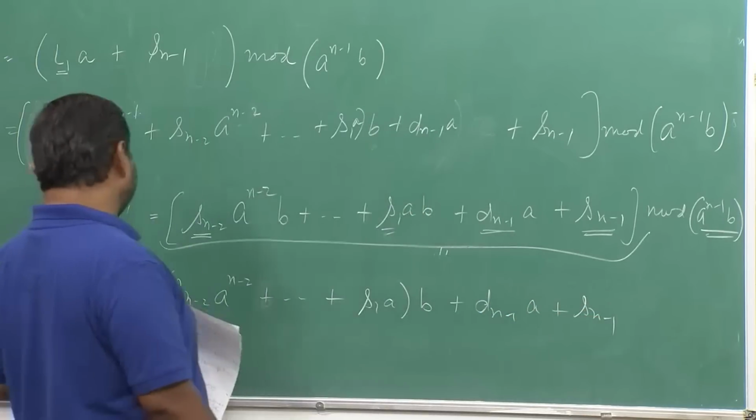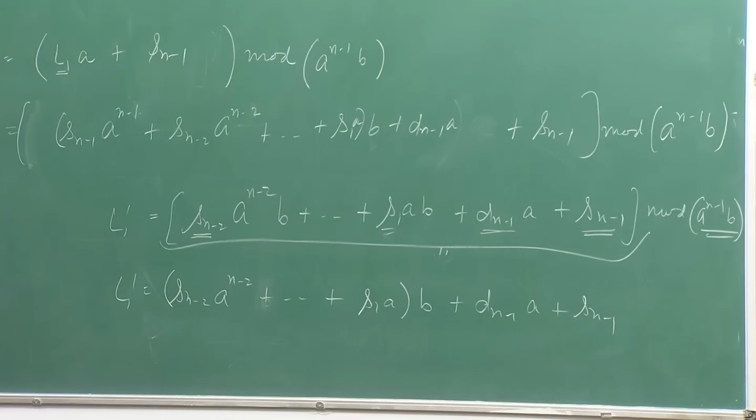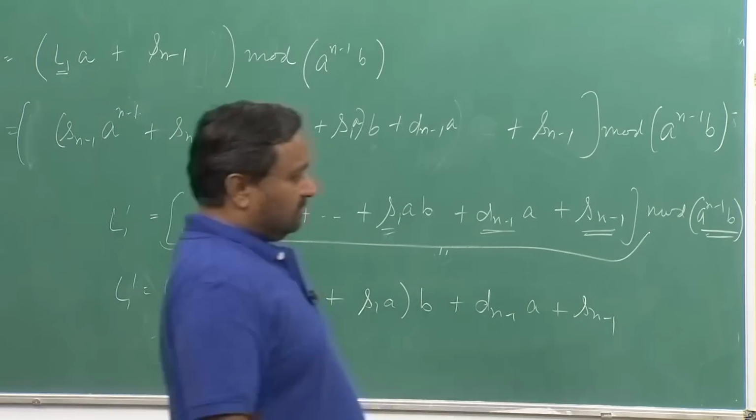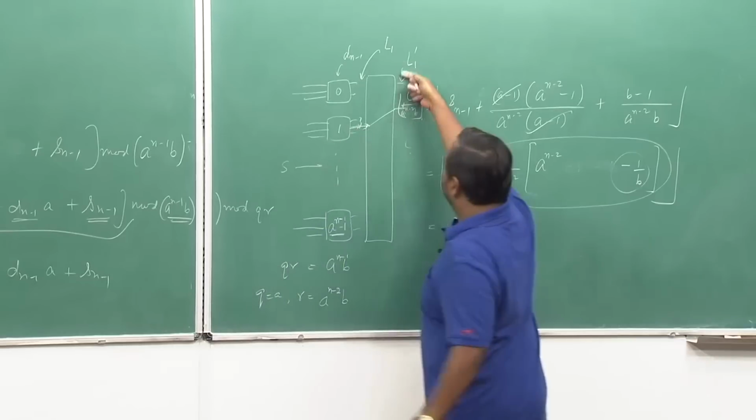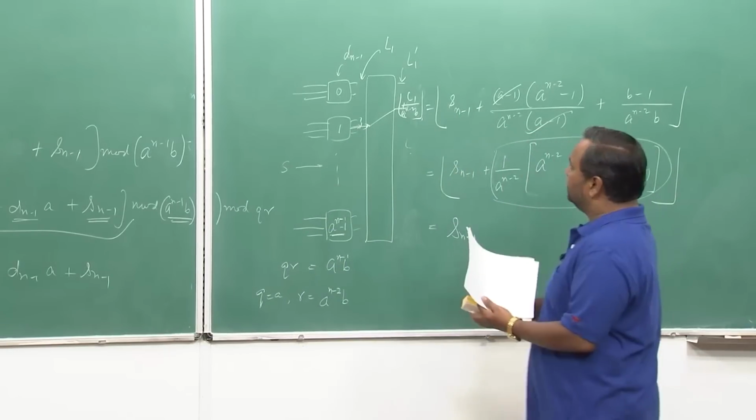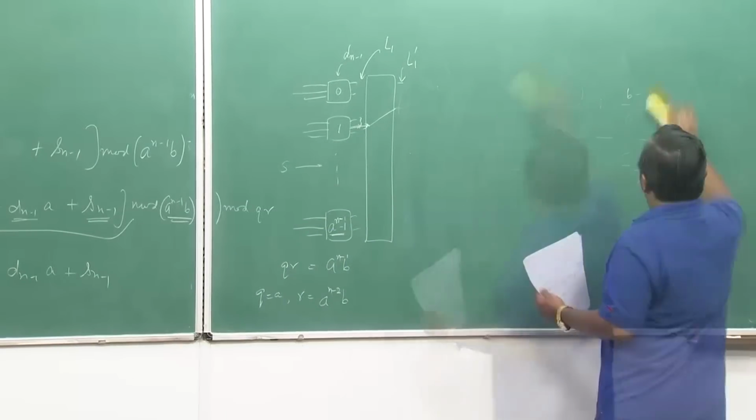So, that will be the L1 prime. Okay. So, this is the value which we will get here after the first shuffle exchange.